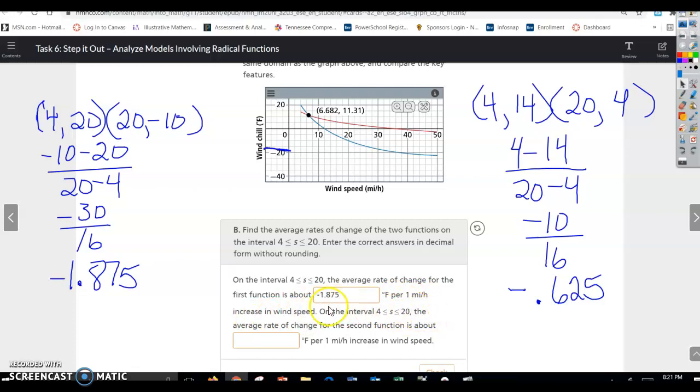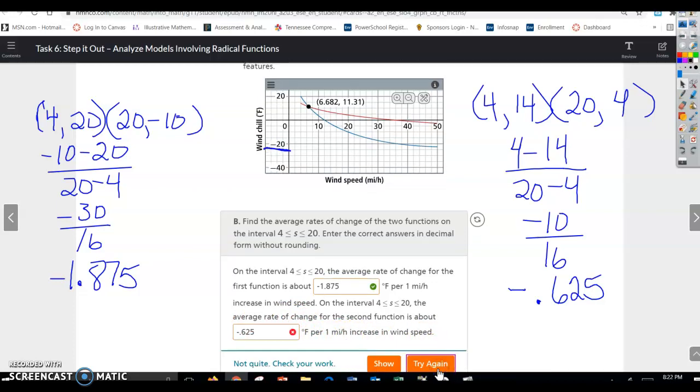On the interval 4 to 20, the average rate of change for the second function is about negative 0.625 Fahrenheit per 1 mile per hour increase in wind speed. Let's see if I need a 0 there. Pretty sure I did my math correct, so let's see if I just need to put in a placeholder. All right, good.